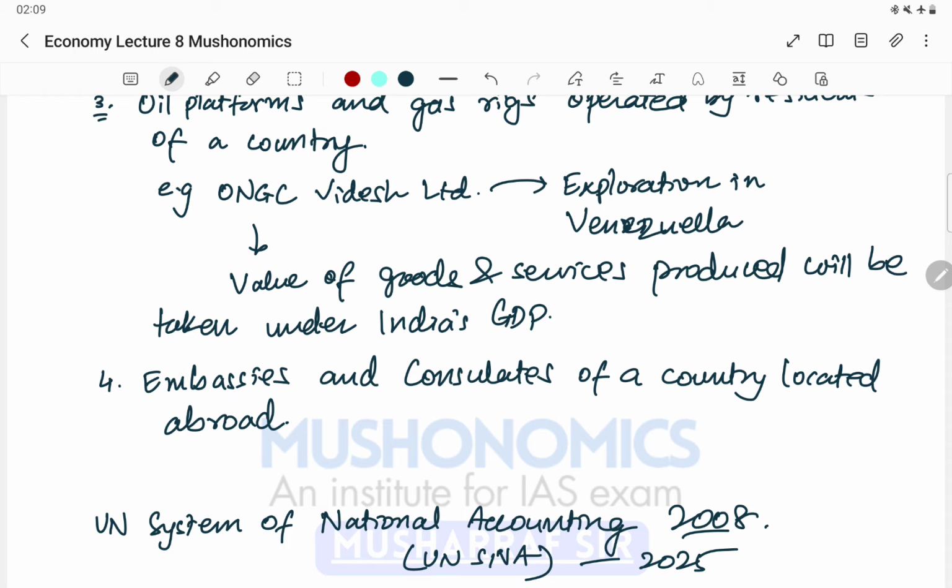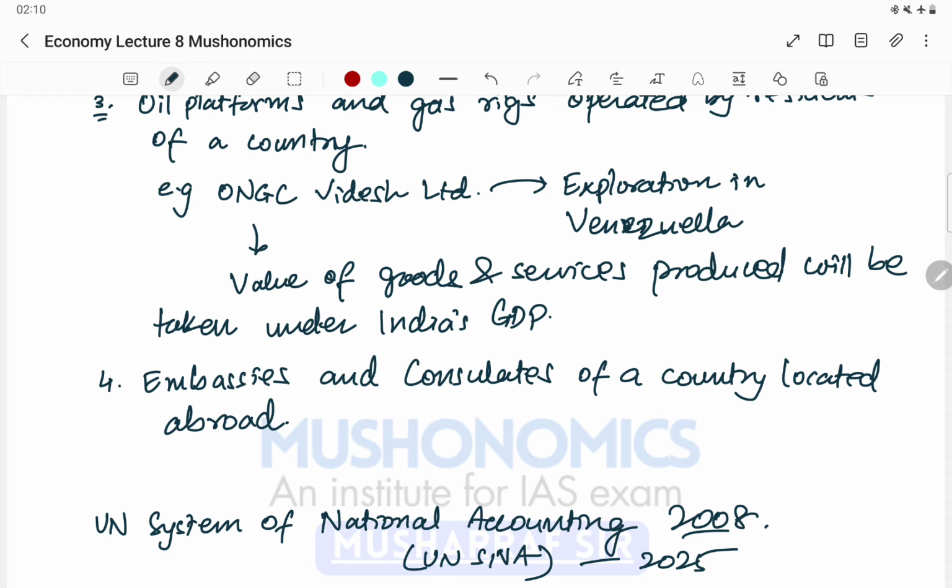In different movies, you might have seen, if people have committed some crime, they hide in an embassy or consulate, and that embassy and consulate will not be governed by the local rules, right? Domestic rules, that will be governed by the rules of that particular country.